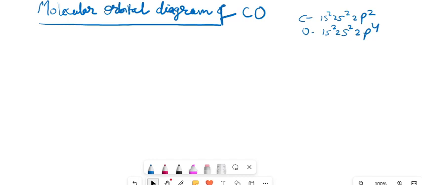Similarly, 2p and 2p will combine to form sigma 2p and pi 2p: sigma 2pz, which we will consider along the internuclear axis, and pi 2py and pi 2px, perpendicular to the internuclear axis.